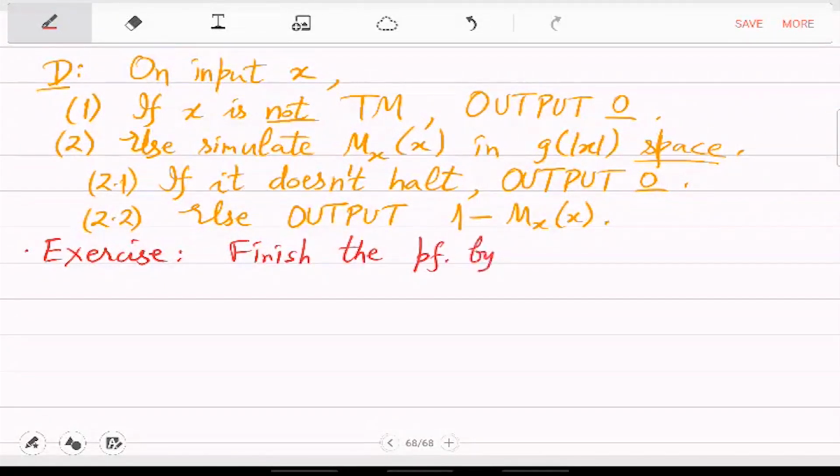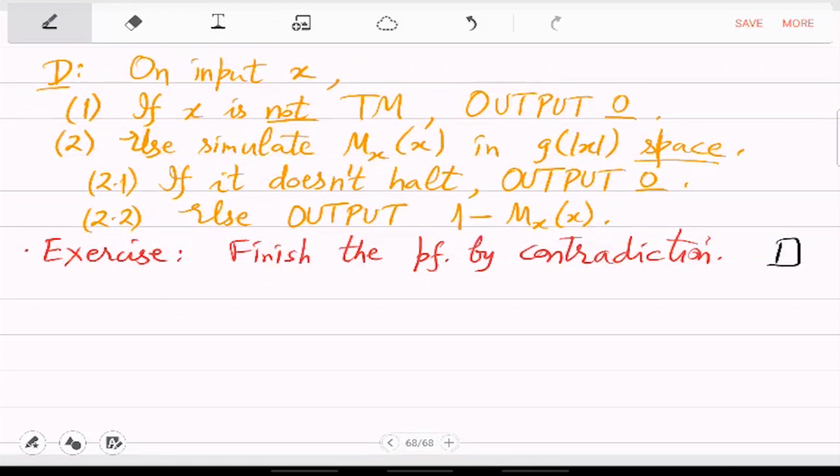Finish the proof by contradiction. Okay, so that would tell you that space F(n) is strictly smaller than space G(n).